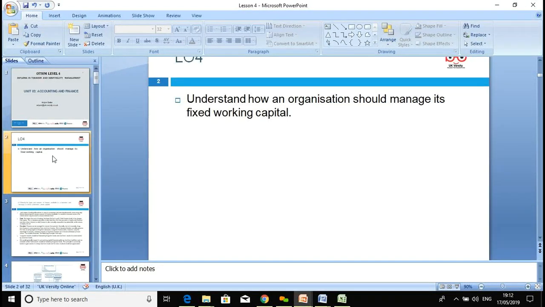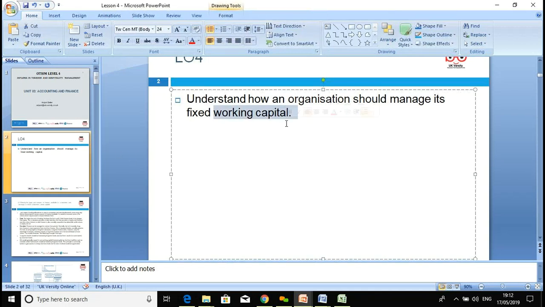So let's start. What do we know about working capital? Working capital is known as the running capital in the business, like inventory, like stock.